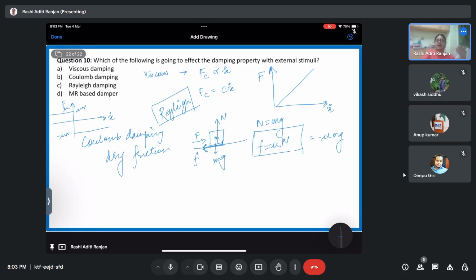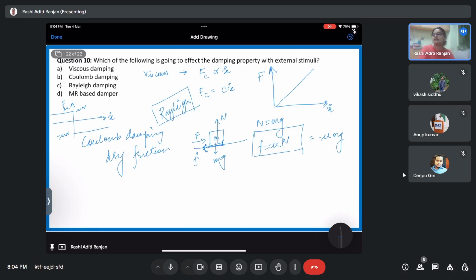Based on that, the property of the material changes, the shape or size may change, and that leads to nothing but a changed property. That changed property we can use to give a better experience to the consumer, as required, right? It can also be used for vibration dampers, because for vibration dampers we have active and passive dampers.